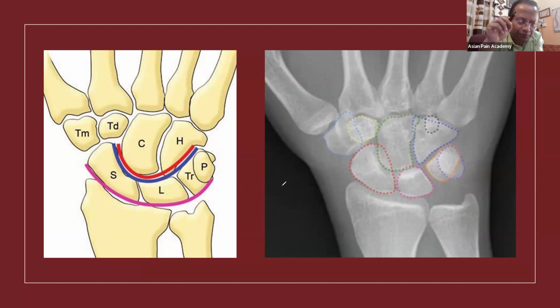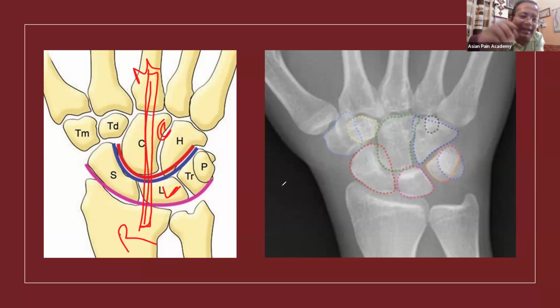Next, when we are putting the ultrasound probe in a longitudinal way, say I am putting over the middle finger my probe in a longitudinal axis, then what are the bones I expect to see? So here you see, you will be seeing here it is the metacarpal, then comes capitate, then comes lunate, and then comes radius.